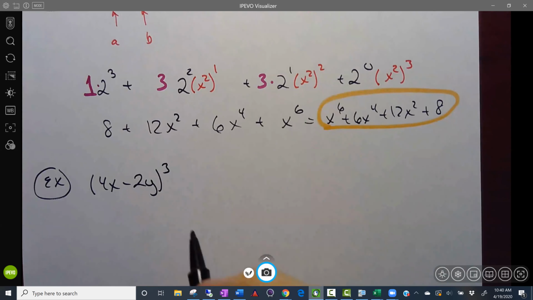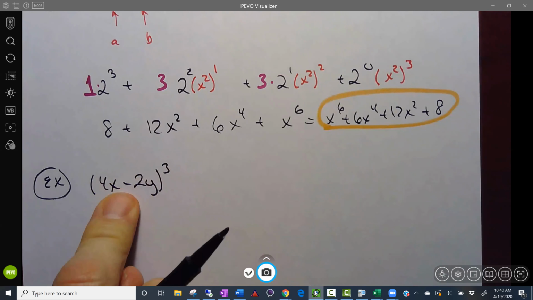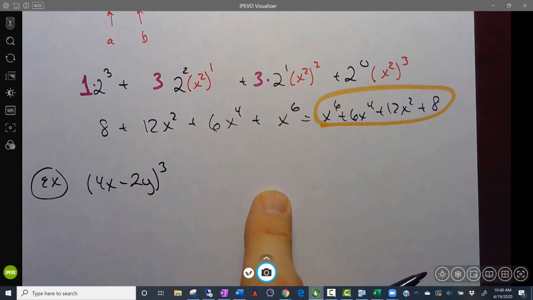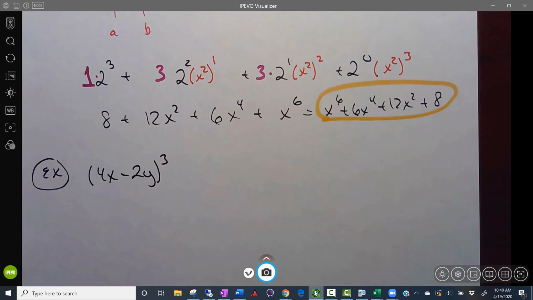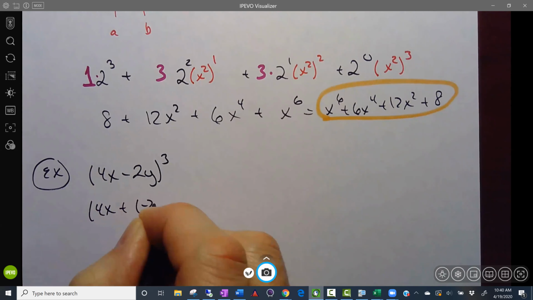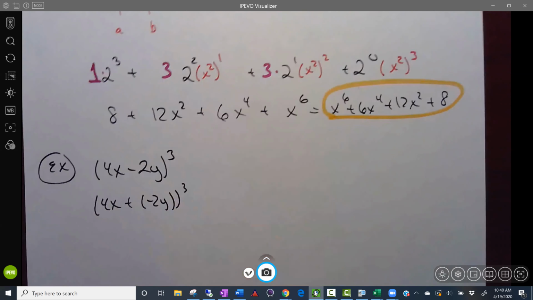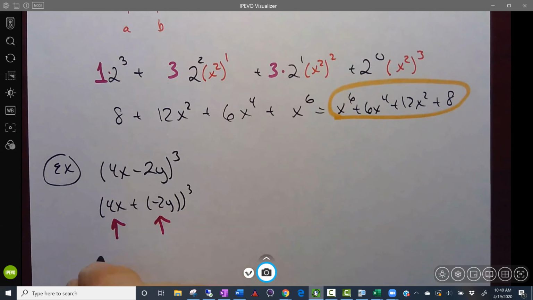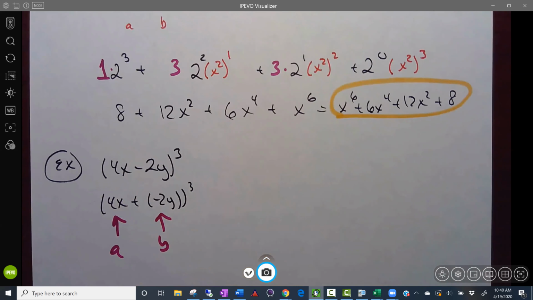Now you could, if you wanted to, multiply 4x minus 2y times 4x minus 2y times 4x minus 2y. That's a lot of work. I'd rather think of this as 4x plus negative 2y, and that this is my A, that's my B, and then work with things from there.